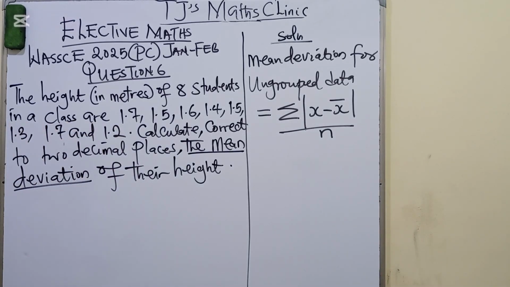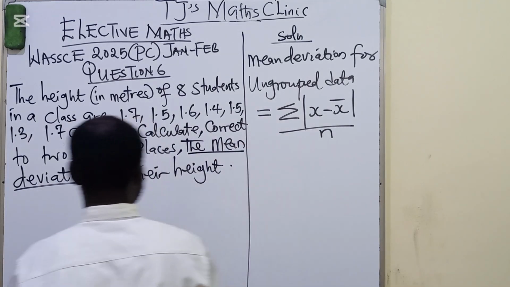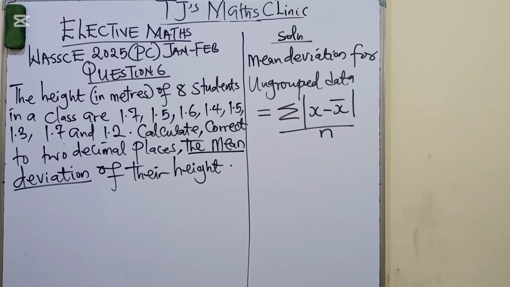Based on this formula, let's tabulate the information. We need x and we need x bar.